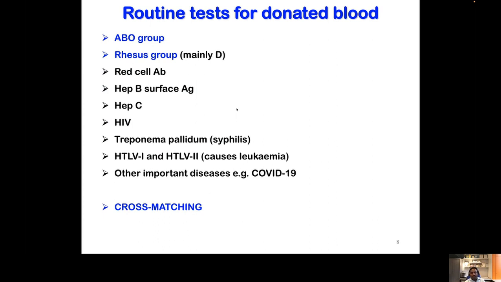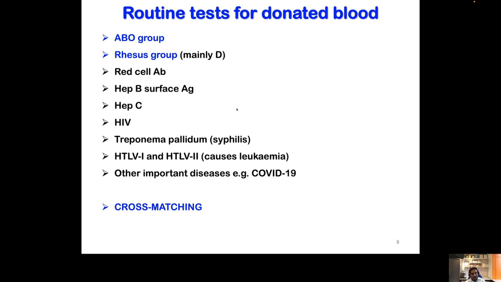Okay, what are the routine tests that people do in the hospitals for donated blood? The first thing is ABO blood grouping. That's what we are going to be focusing on in this lecture mainly. And then the RH blood group, that's called the rhesus blood group, particularly RhD. That's what determines whether we have positive or negative blood. So these things will be done specifically.